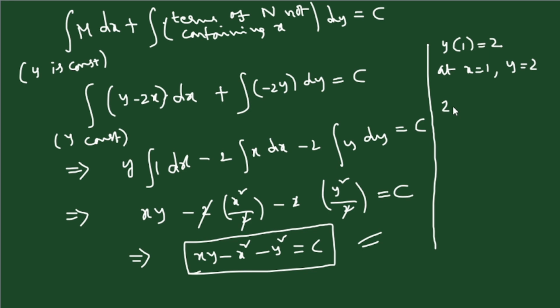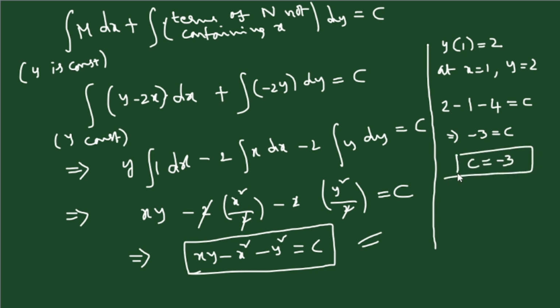You will get 1 into 2, 2 minus 1 square minus 2 square equal to c. So this implies 2 minus 5 equal to c, c equal to minus 3.